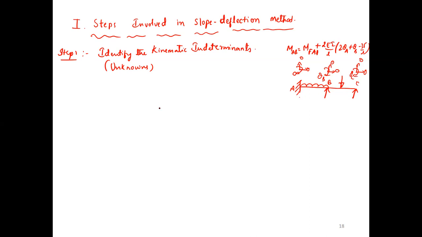So now what are the unknowns with respect to the given problem? Theta B and theta C. These are the rotations. See your equations, I'm talking about rotation only. Here delta is sinking. If in an MCQ they give rotation and sinking, or rotation and sway, you have to mark that.